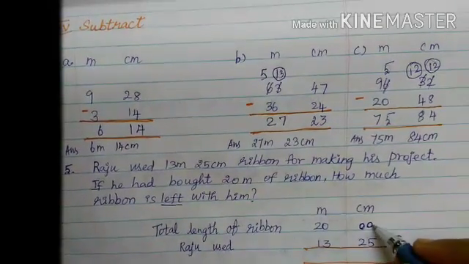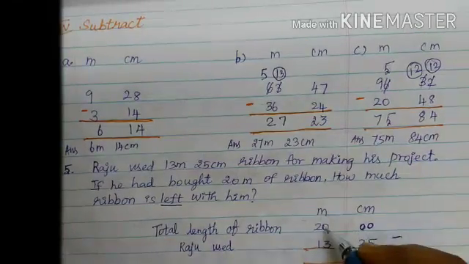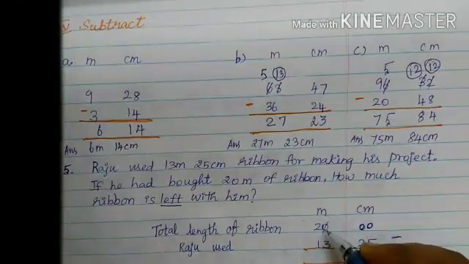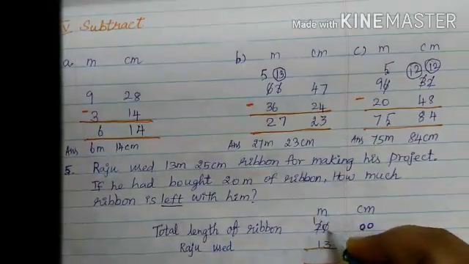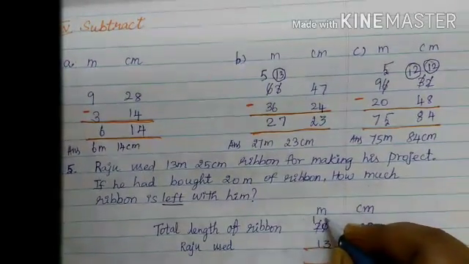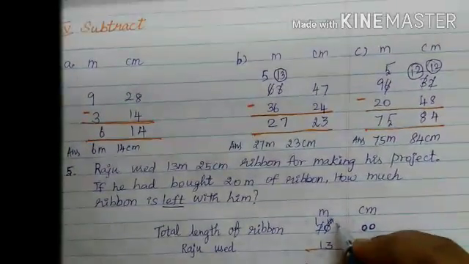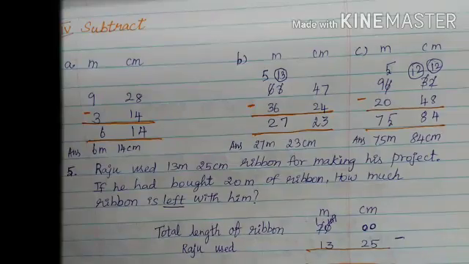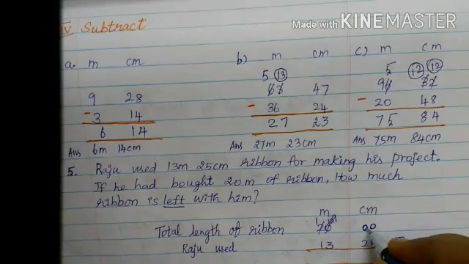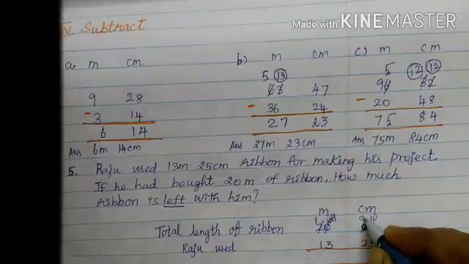Then 0 subtract 5 is not possible. So here this one is changed. This 2 is changed to 1. This 0 is changed to 10. Then give it to the one before, here 9.